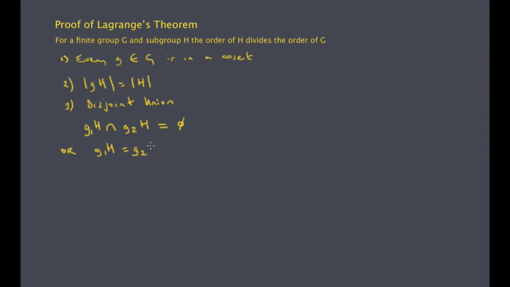So let's prove that. Well, first of all, if the intersection is the empty set, then there really is nothing to prove. So the situation we're interested in is if there's an element g, say, which is in the intersection of the g1 coset and the g2 coset.